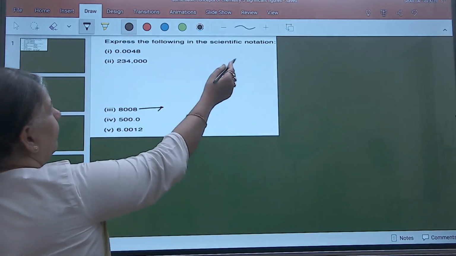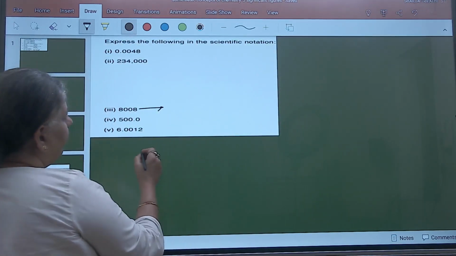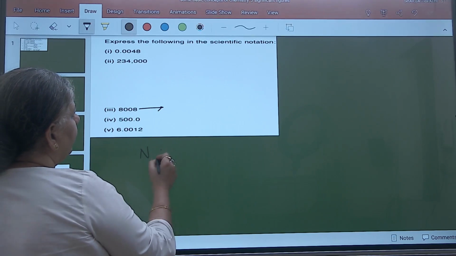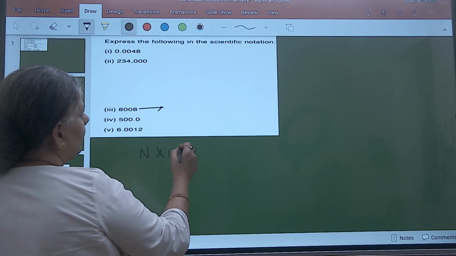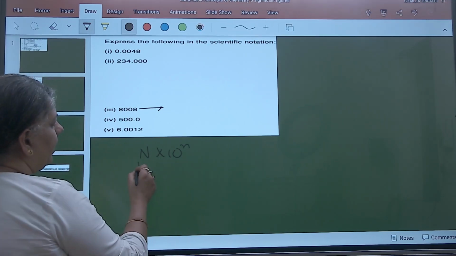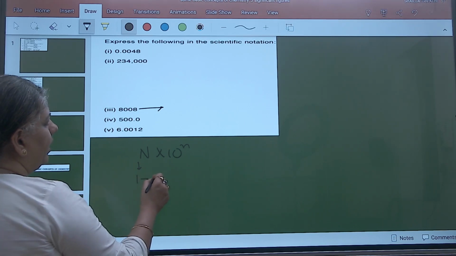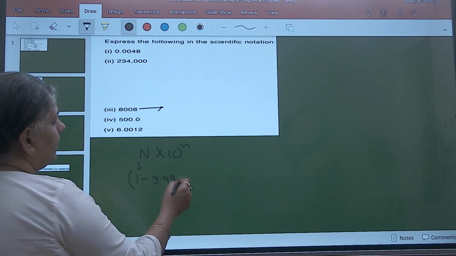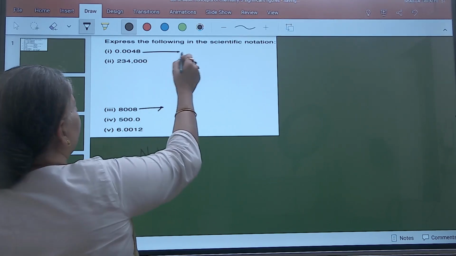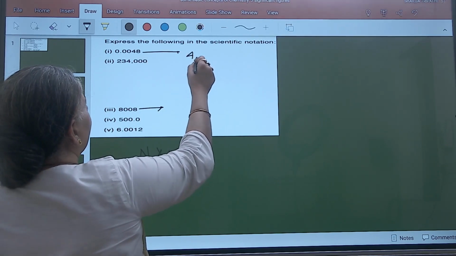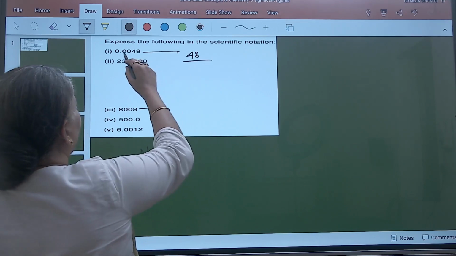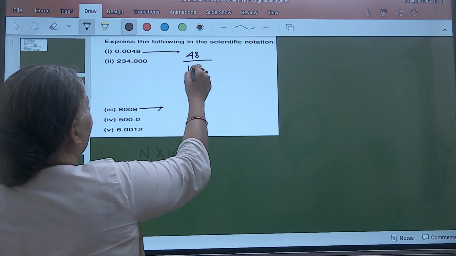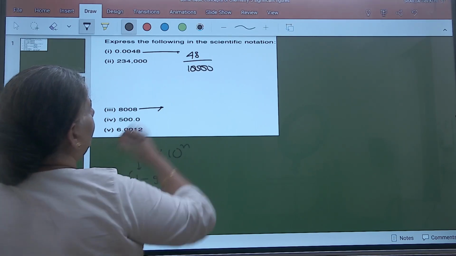Number into scientific notation, what we have to do, we have to express the number in this form, where capital N is value between 1 and 9.99. So in this case, we can write it as 48 upon 1, 2, 3, 4.